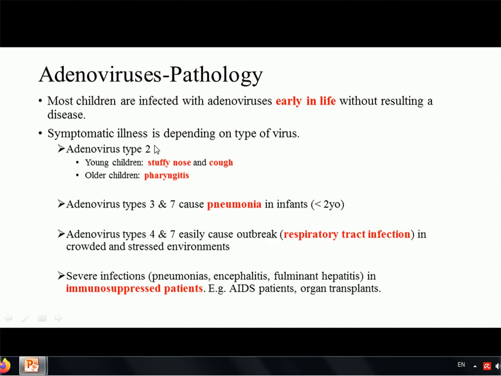For example, with type 2, the patient may develop a stuffy nose and cough, while older children have pharyngitis. Type 3 and type 7 may cause pneumonia in infants less than 2 years old. Type 4 and type 7 easily cause outbreaks via respiratory tract infection. However, it may cause severe infection in immunocompromised patients.